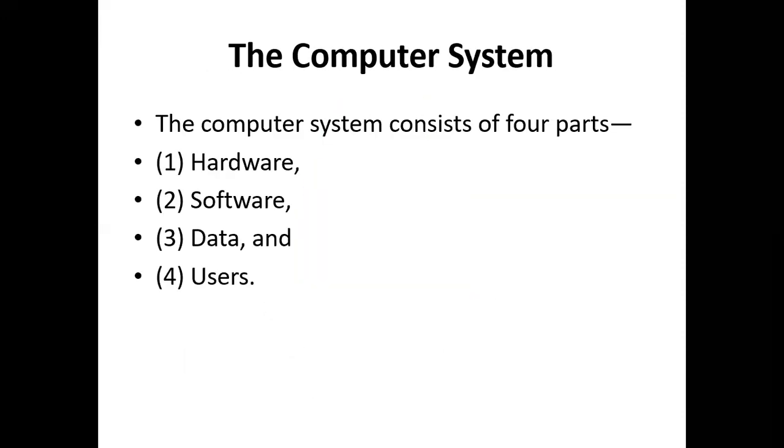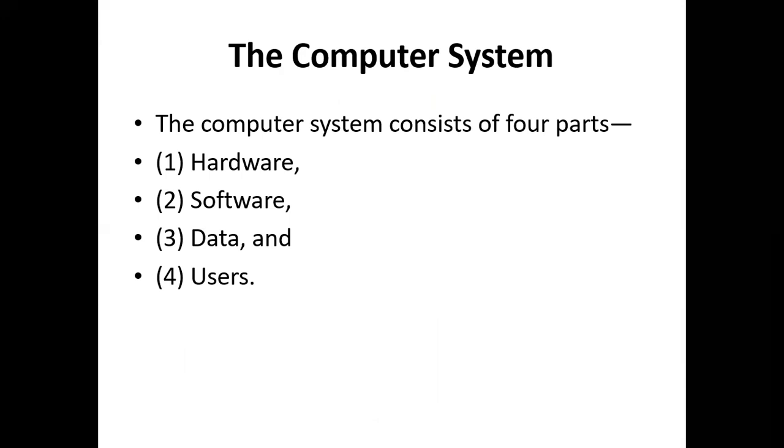Okay, now what makes up a computer system. When we talk about a computer system, or a system in general, a system is a set of interrelated components that work together to accomplish a specific task. That is the definition of a system.